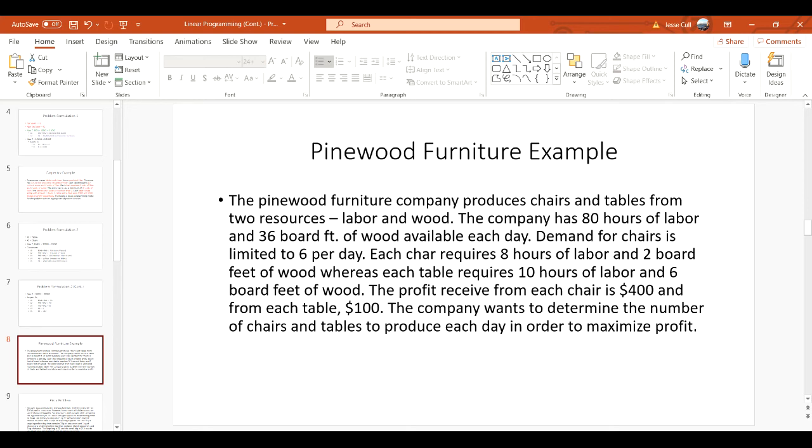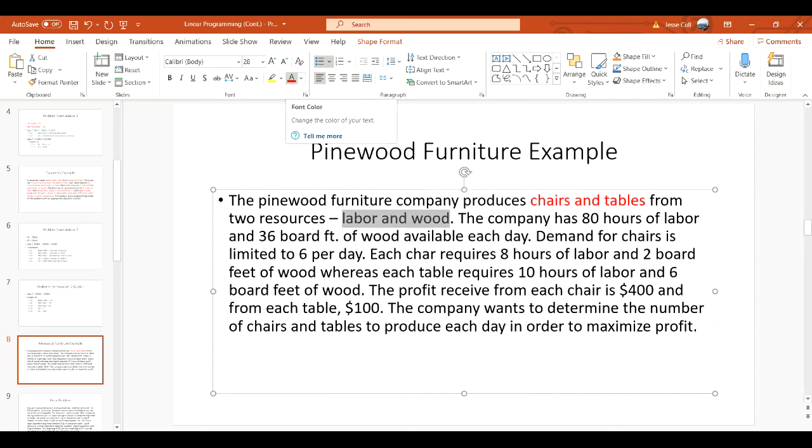So again, let's highlight our key information. Pinewood Furniture Company produces chairs and tables from two resources, labor and wood. So automatically we kind of assume that we're going to have these two things as constraints.